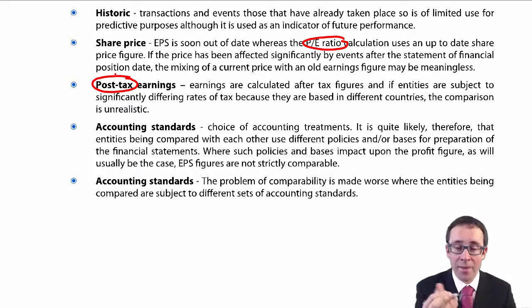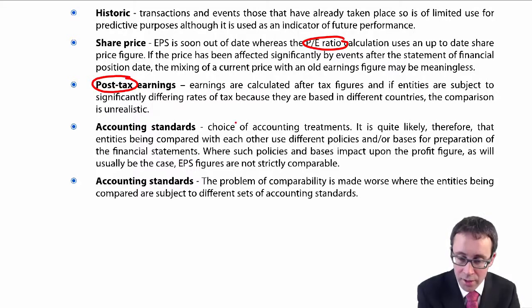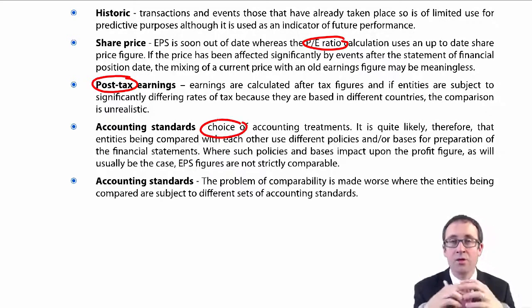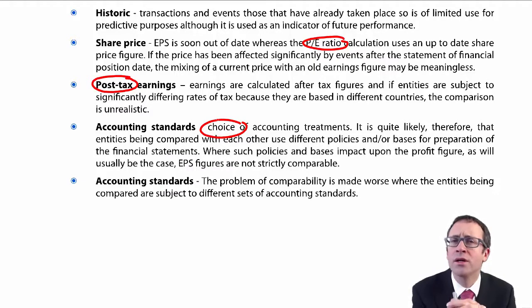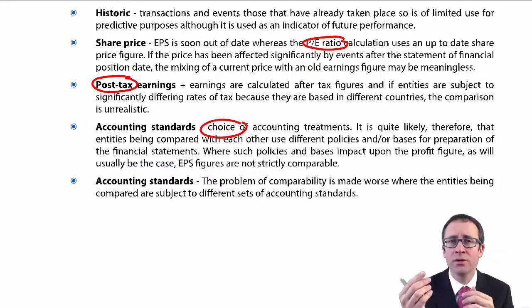Again, the other issue that you have about your earnings is that there could be a choice of accounting treatments, couldn't there? What happens if one company adopts the revaluation model and another company adopts the historic cost model for valuing property, plant and equipment? I hear you say, so what? Well, under the revaluation model, your depreciation will be higher.